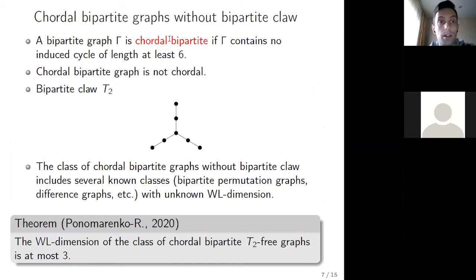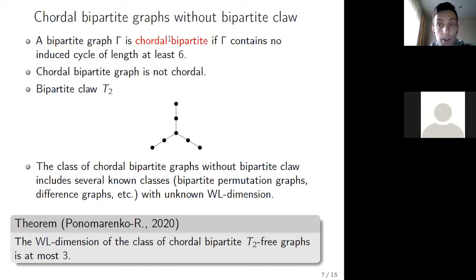This part is concerned with Hordle bipartite graphs without bipartite claw. I recall that a bipartite graph is called Hordle bipartite if it contains no induced cycles of length at least 6.